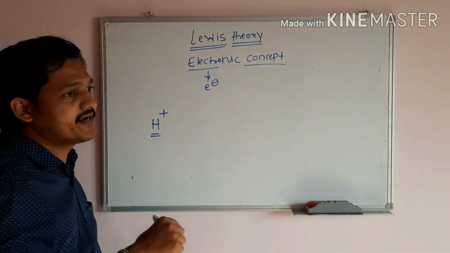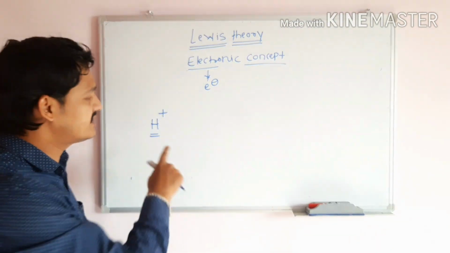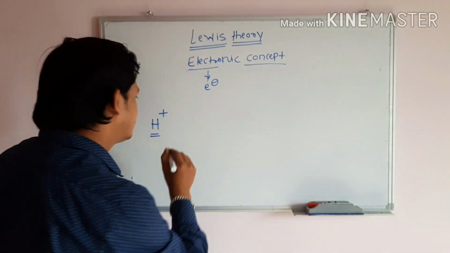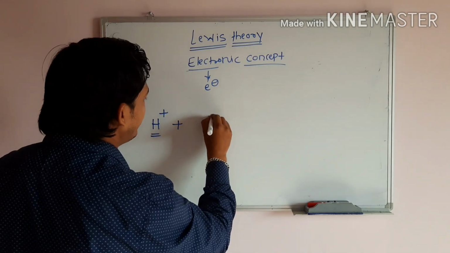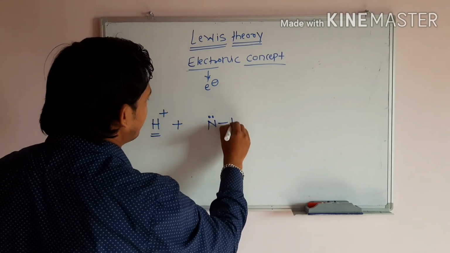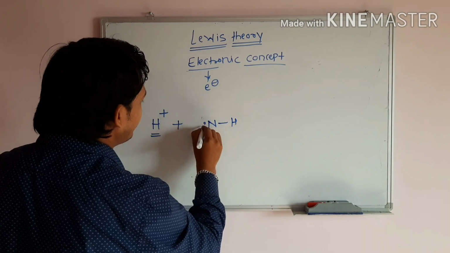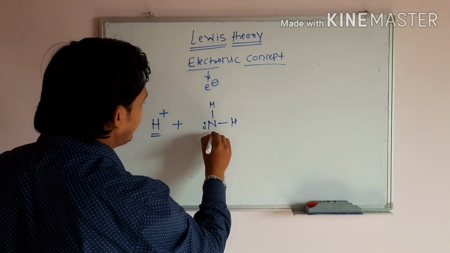The plus charge indicates that one electron is lost, so H plus contains 0 electrons. Plus NH3, where I am writing the lone pair on that side.